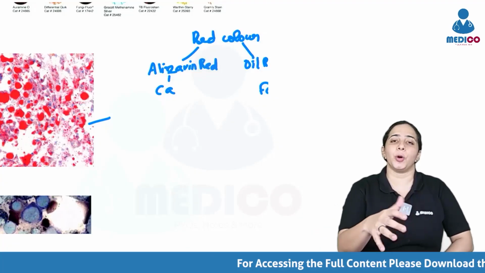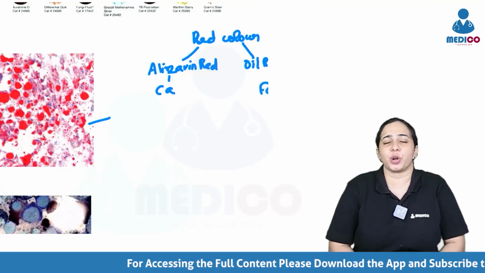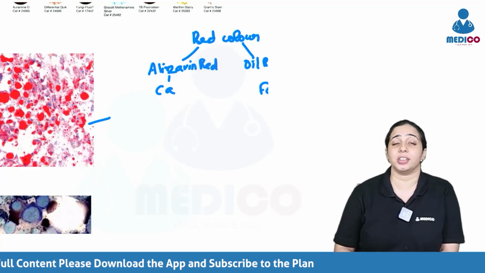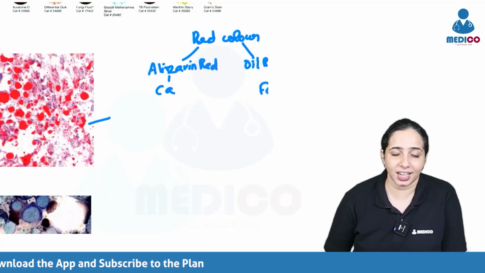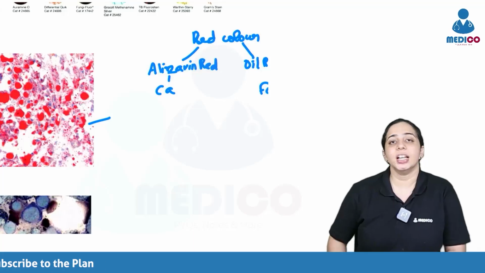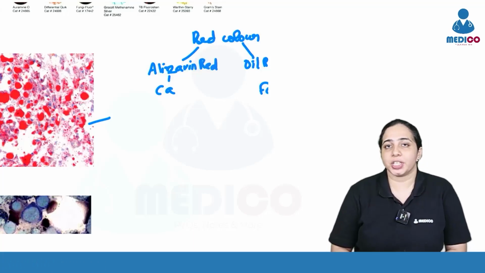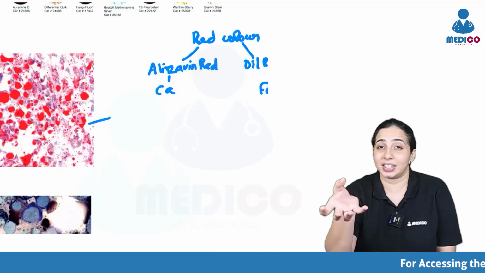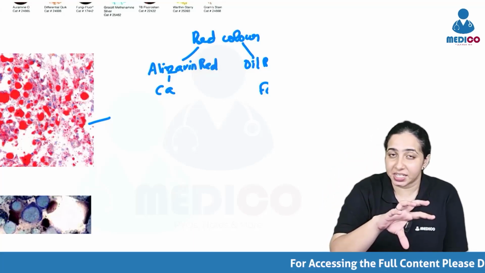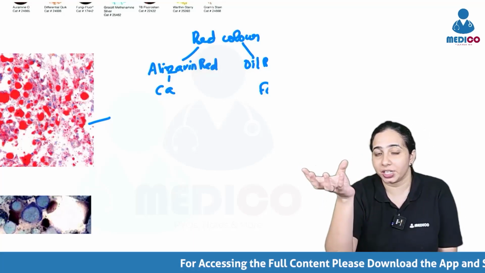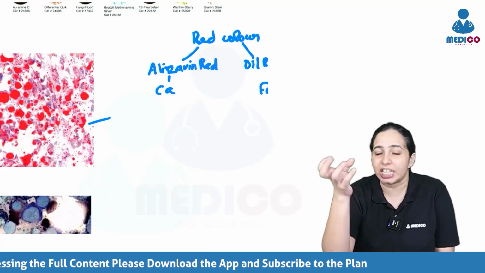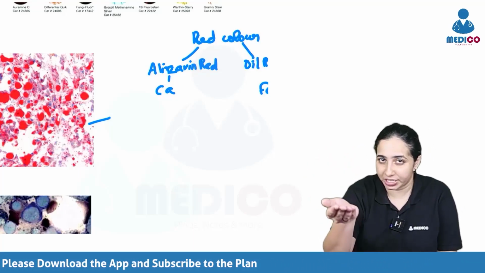The importance of studying stains is that probably for your exams, your question is not going to be a direct question asking what the stain is and what the color is. But in the question, you will have some substance that has been stained, and that is the image that is given. For example, for mucin, you will have some mucicarmine stain or some Alcian blue stain, and you are asked to identify what the stain is.